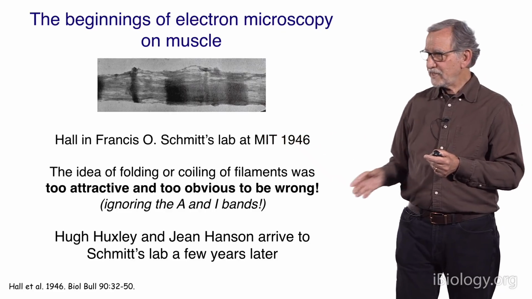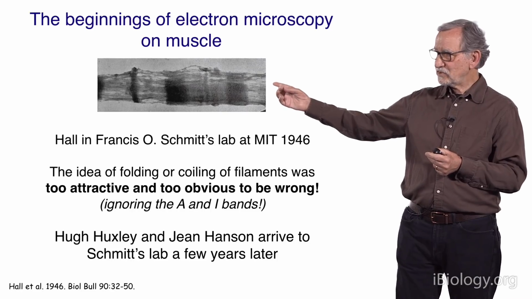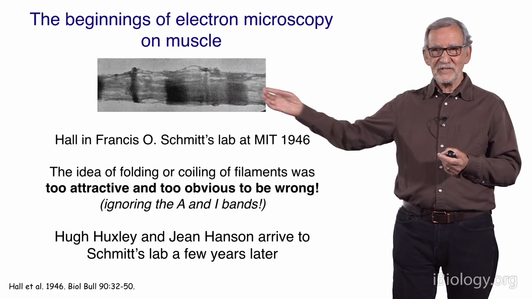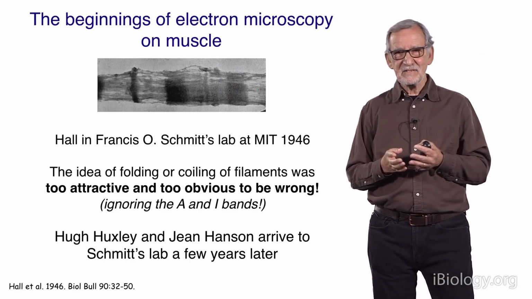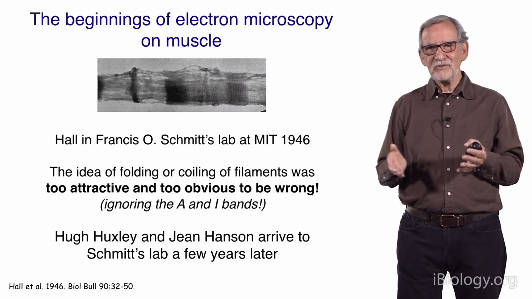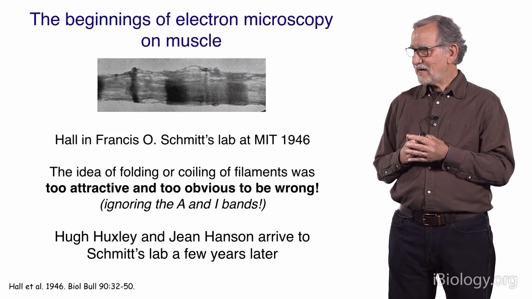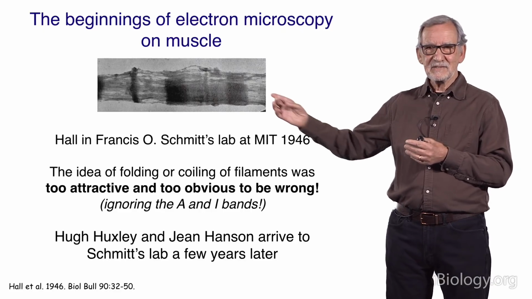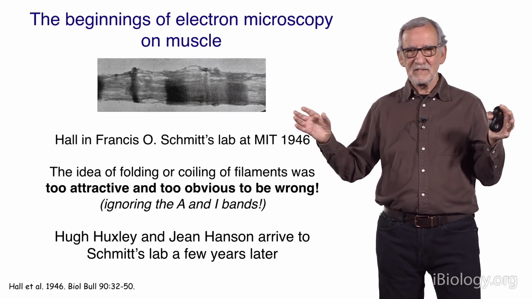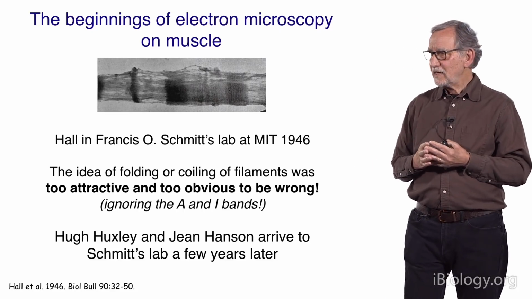And one of his colleagues, Hall, was getting pictures such as shown here, which, guess what, shows you these A bands and I bands. But they seem to not pay much attention to the fact that you have these cross striations of A and I bands. They still believed that this somehow was a continuous network of actin and myosin that was coiling or folding.